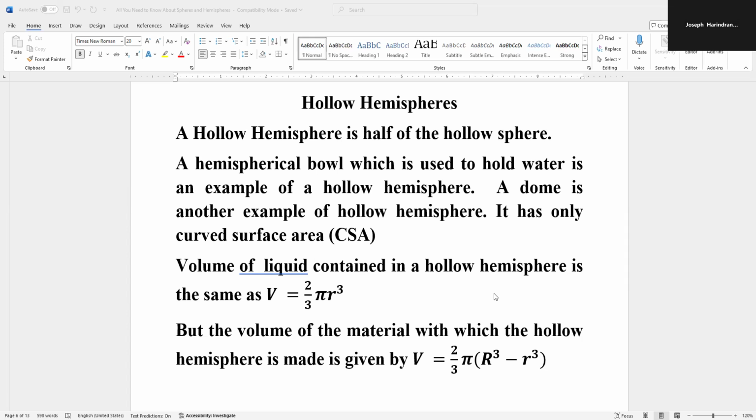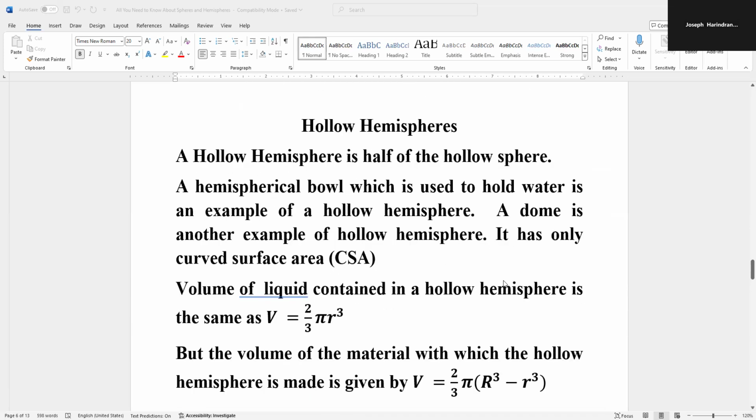The volume of liquid contained in a hollow hemisphere is V equal to 2 by 3 pi r cubed. But the volume of the material with which the hollow hemisphere is made is given by V equal to 2 by 3 pi into (capital R cubed minus small r cubed).